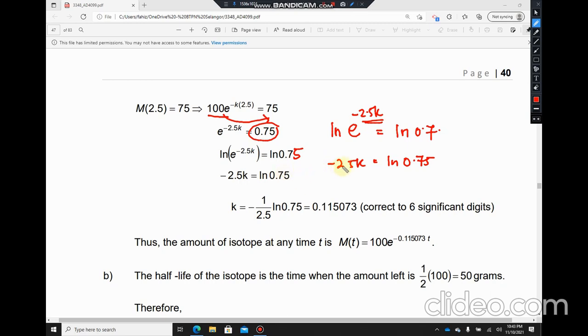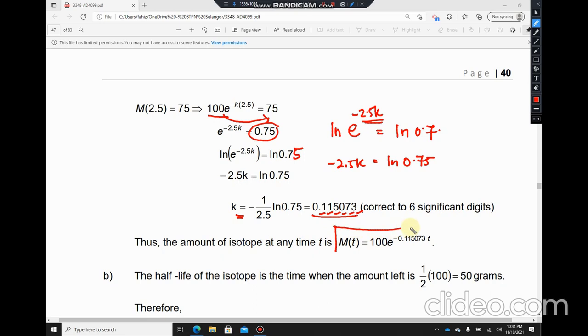So you can solve for K. So you will get here K is equals to 0.115073. Correct to 6 significant digits. Ni. It's what? 1, 2, 3, 4, 5, 6. Okay, thus the amount of isotope at any time t is MT equals to 100 E negative 0.115073T.